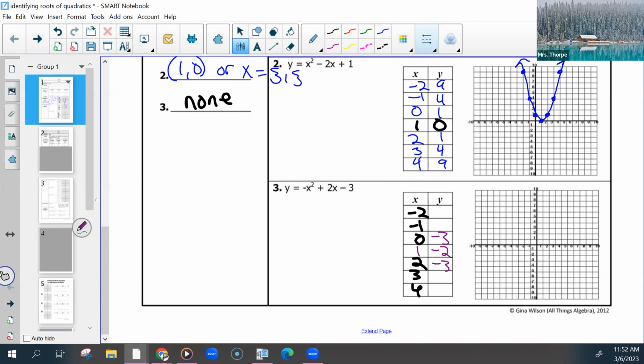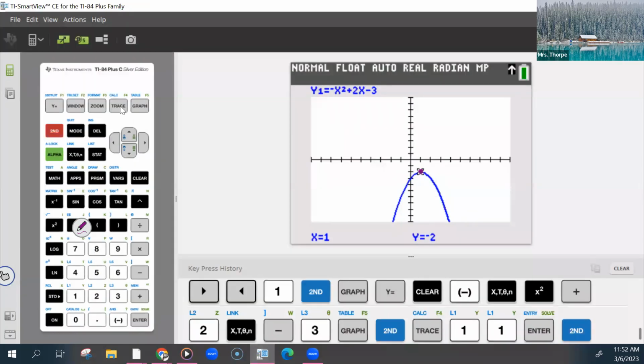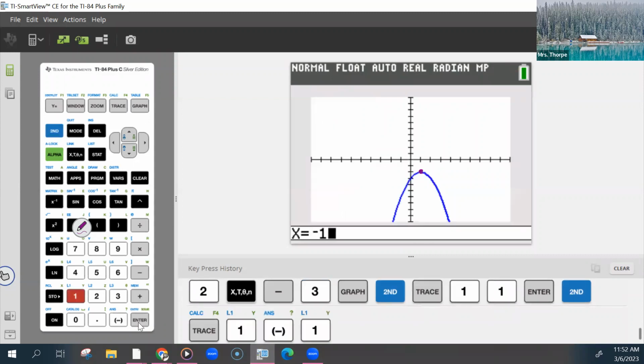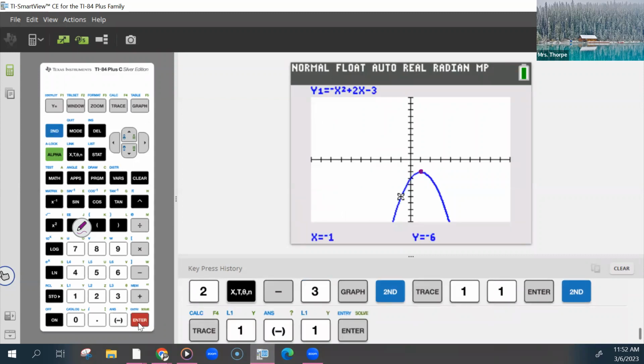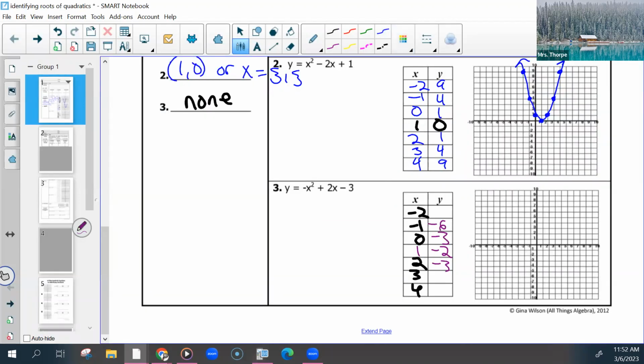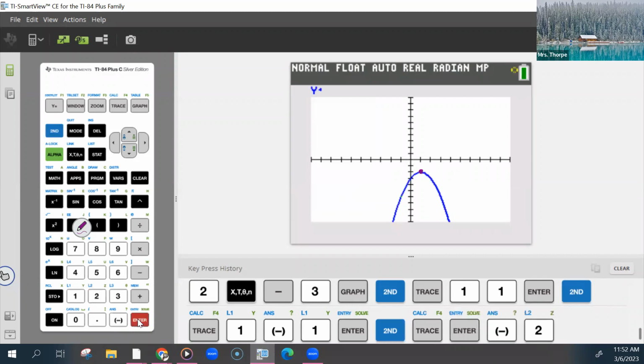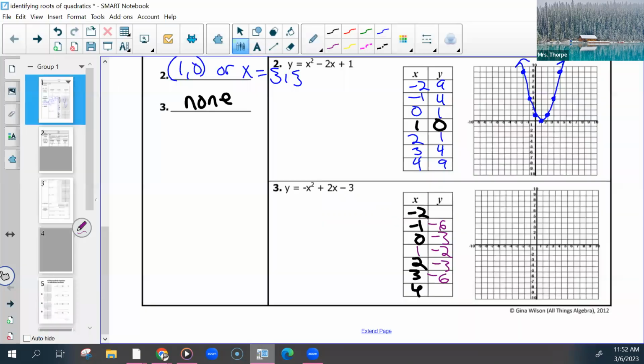So I'm gonna do it again, but actually with the right value this time. So -1. Second trace value -1. X is -1, y is -6. And then I can do the same thing with -2 or 4. -11.